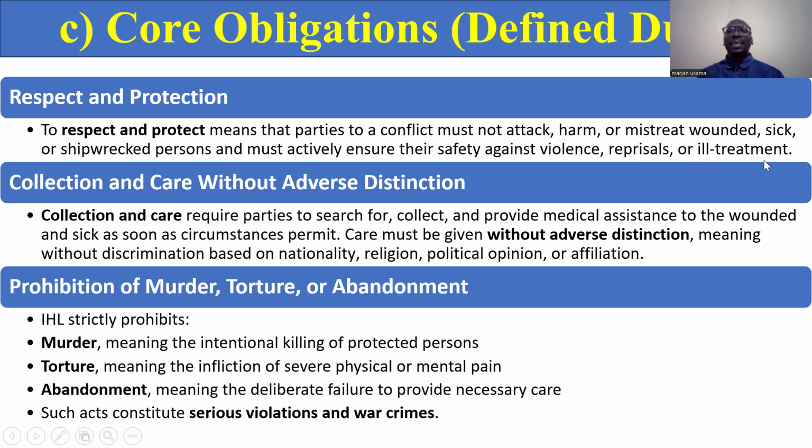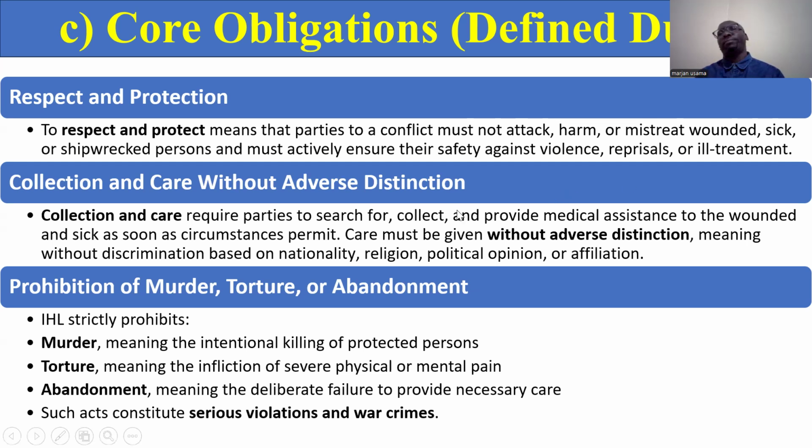So what they are basically telling us is that they have the right to be respected, they have a right to be protected, but on a condition. They need to be harmless, they need to be wounded, they need maybe to be mentally incapable.